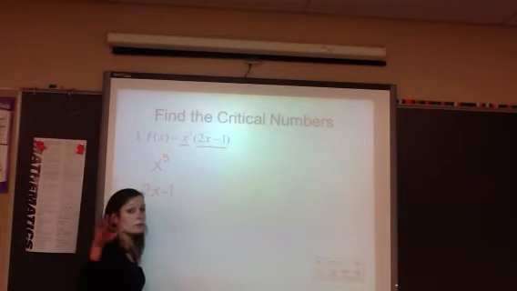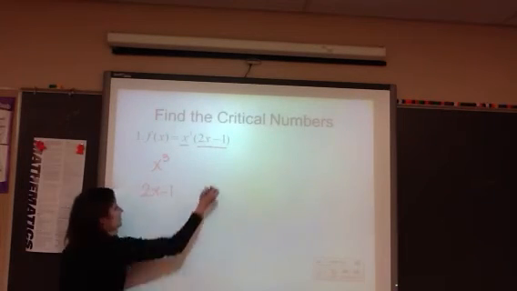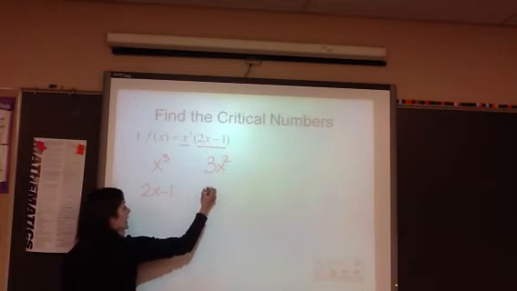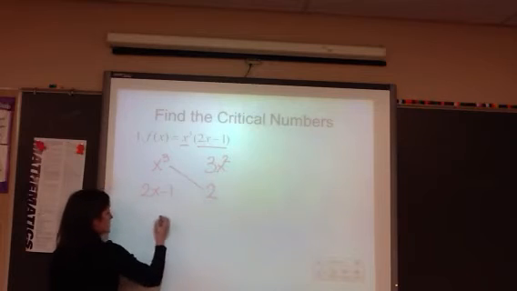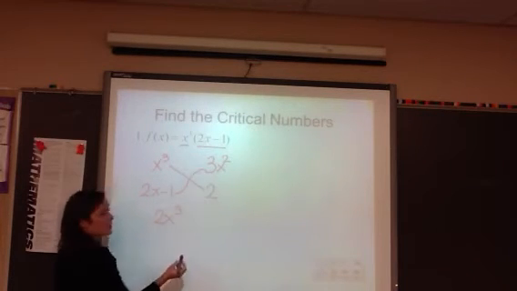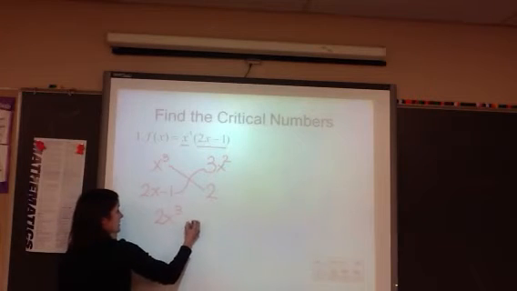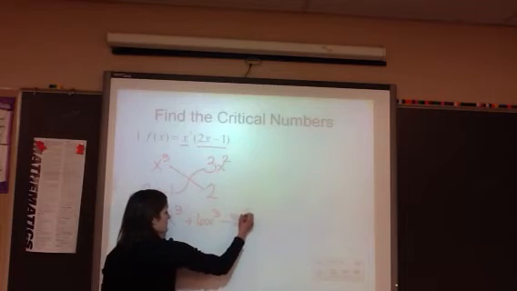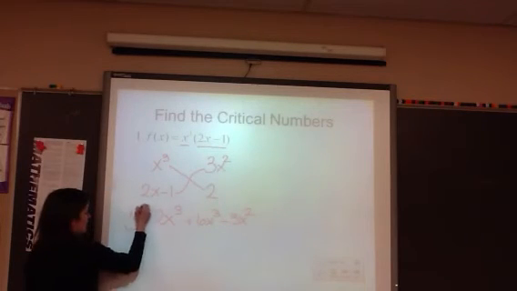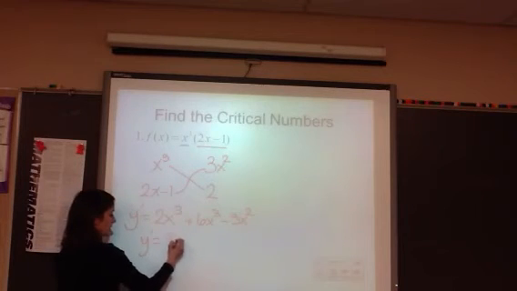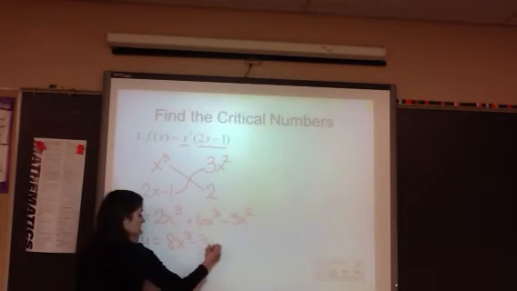You guys on your own can do the derivative, pause it, and then come back. So 3x squared and 2. Crisscross, 2x cubed. I'm going to go ahead and multiply as I crisscross, so I get 6x cubed minus 3x squared. This is my derivative. I'm going to simplify that one more time, and I get 8x cubed minus 3x squared.